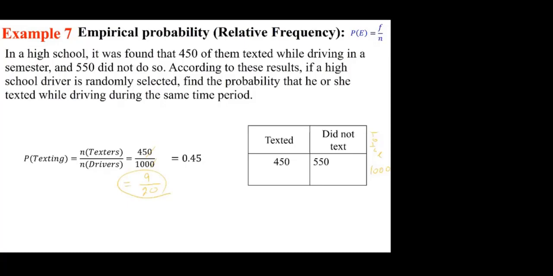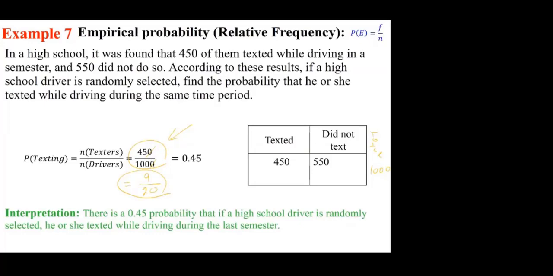So you really want to show your reader both of it. This one is to tell him, okay, where I get the numbers from. And the last one shows, okay, I know my math, I can simplify. There is a 45% or 0.45 probability that if a high school driver is randomly selected, he or she texted while driving during the last semester.